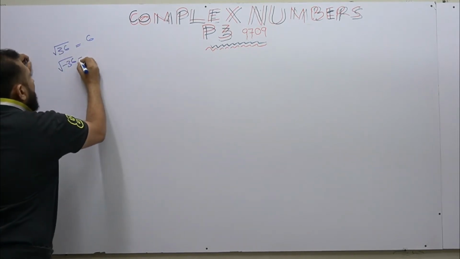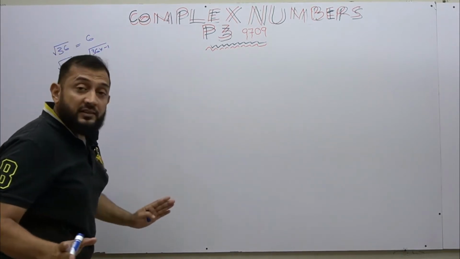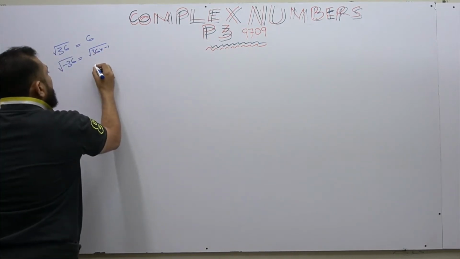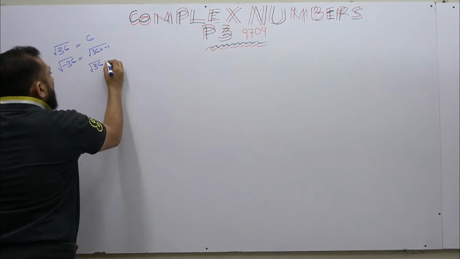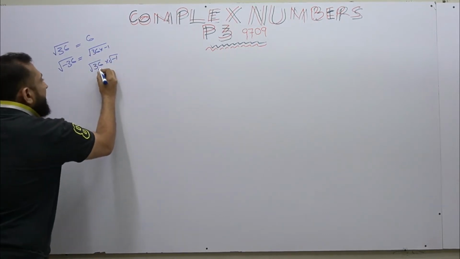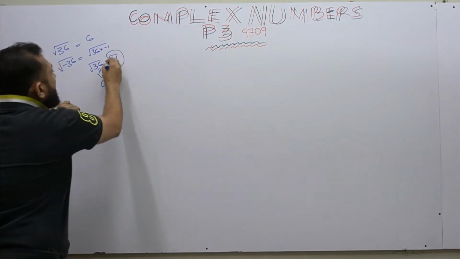Now, you can write 36 times minus 1, because 36 times minus 1 is minus 36. Then you can write 36 and under root of minus 1. Now we can easily solve this and we can write 6 instead of this. But what about this? This is under root minus 1.